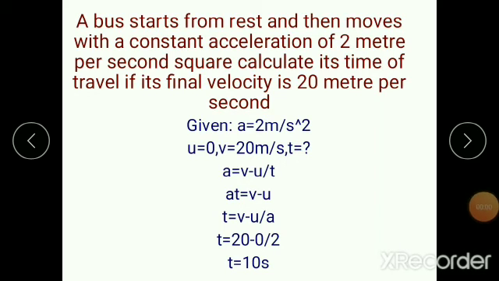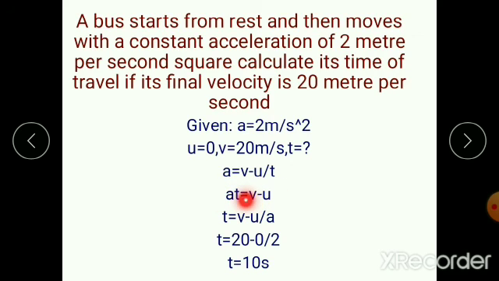You know the formula to find the acceleration, that is change in velocity divided by time taken. Change in velocity is nothing but final velocity minus initial velocity, divided by time taken. So using this formula you can find the time of travel. Send the time to the other side. It is in the denominator, so here it will be multiplication. The division becomes multiplication. So a into t is equal to v minus u.